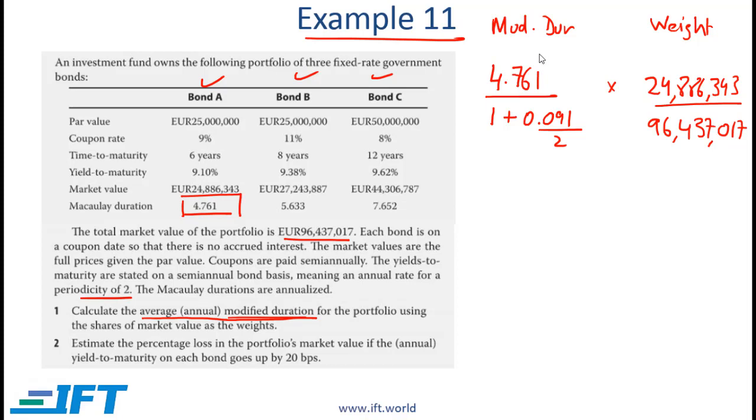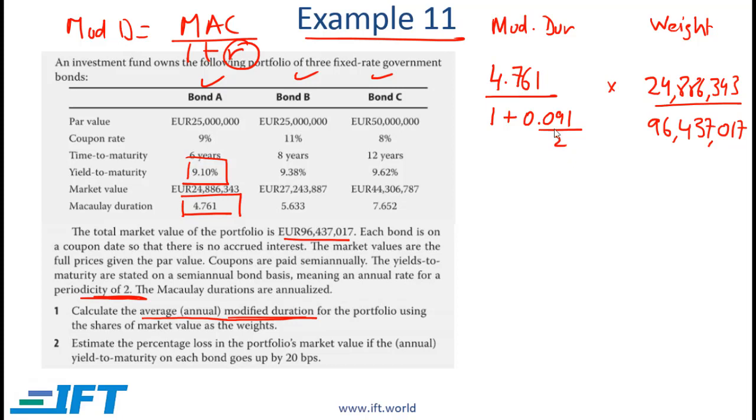The formula, which I hope you remember from before, is as follows. Modified duration is equal to Macaulay duration over 1 plus R, where R is the per period yield. We are told that we have a periodicity of 2 and the YTM is 9.1% or 0.091. We need to take that number and divide by 2, so we have the per period YTM.